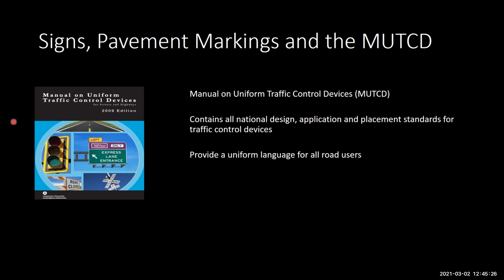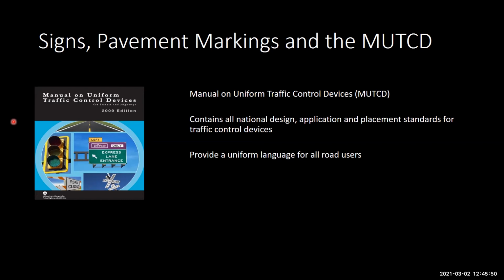Just like I'm based out of North Carolina, I'm based outside of Raleigh. Well, we don't use red and we don't use black and we don't use white, which would be the colors of NC State University. The Manual on Uniform Traffic Control Devices specifically tells us what colors we can use on a signalized intersection. It does not allow us to choose something different. It is uniform. This is what we're going to do.